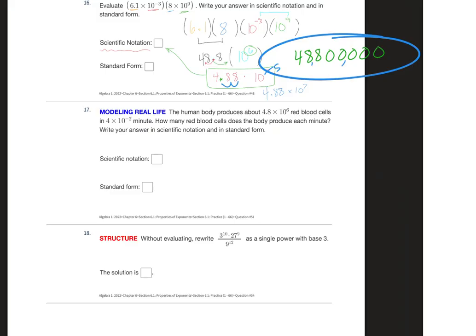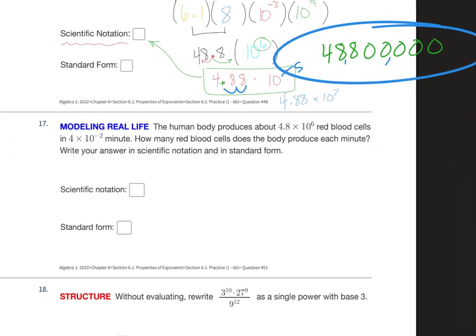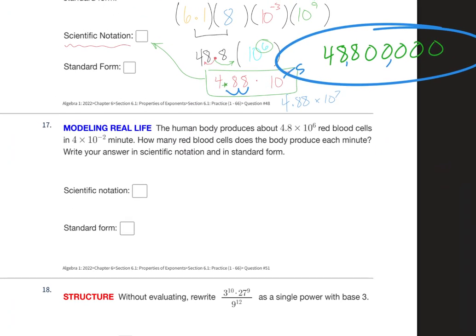The human body produces about 4.8 times 10 to the 6 red blood cells in 4 times 10 to the negative 2 minutes. Wow, okay. How many red blood cells does the body produce each minute? So one thing that I'm going to do here is to just write the units that are happening here.